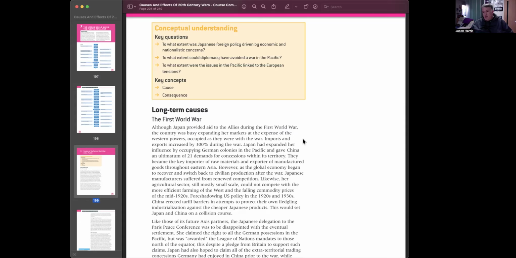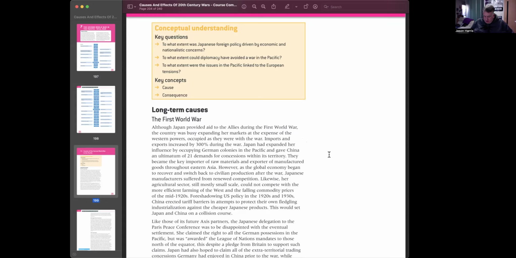So, they wanted to sell things to the Allies and use their burgeoning industry, which, this is 1914, 1915 we're talking about. The country had only just started to modernize after the Meiji Restoration, but they do have a lot of industry, and they have a lot of workers they can employ. And so their imports and exports, it says here, increased by 300%, okay, during the war.